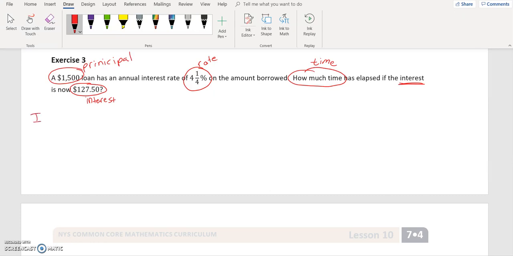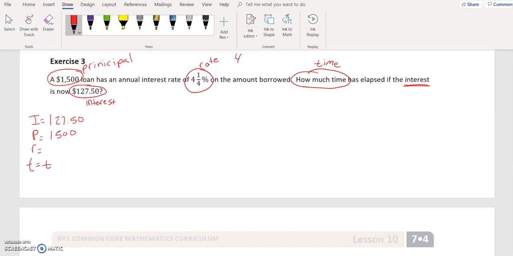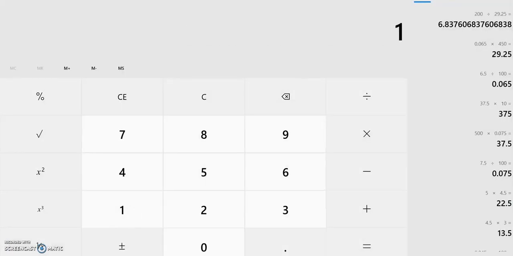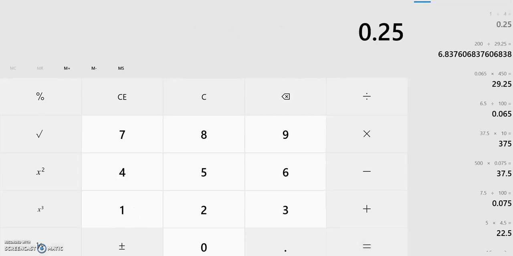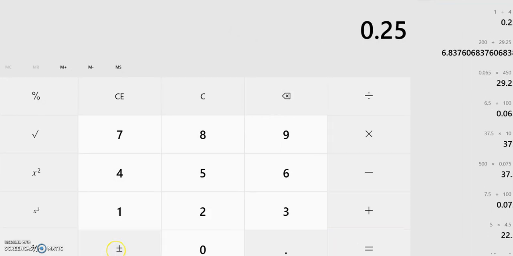So let's label everything nicely to the side. I, P, R, T. Time is the thing that we don't know. The interest is $127.50. Our principal is $1,500, and our rate is, oh, we didn't do this yet. 4.25: 4 is our whole number, and then 1/4 as a decimal is 0.25, 1 divided by 4.